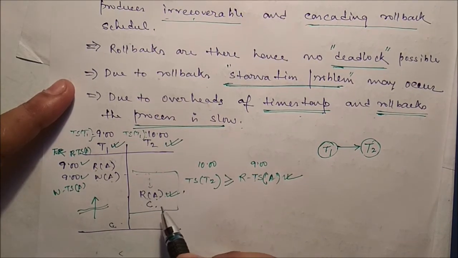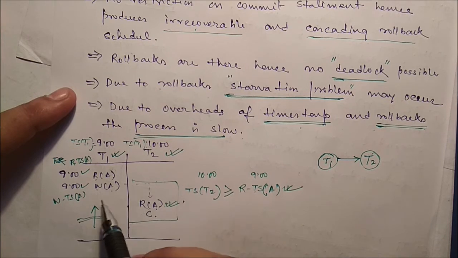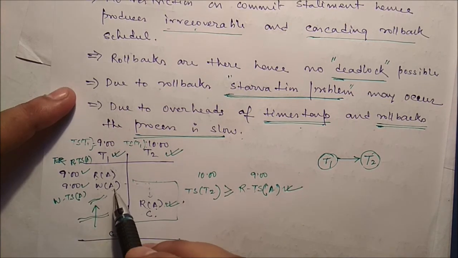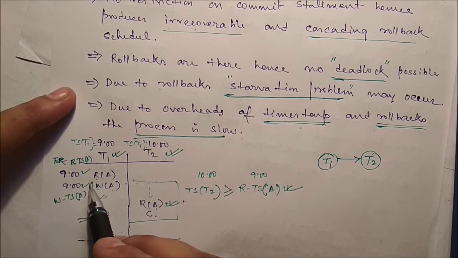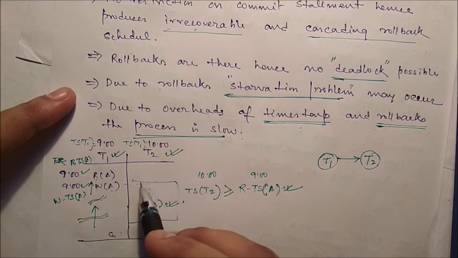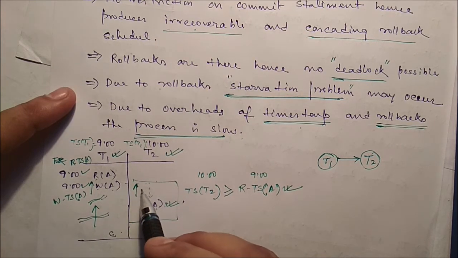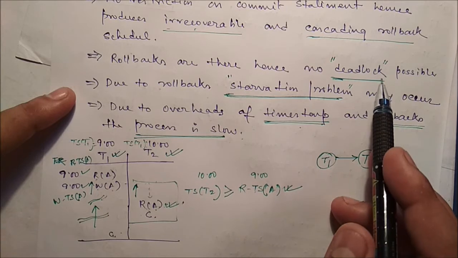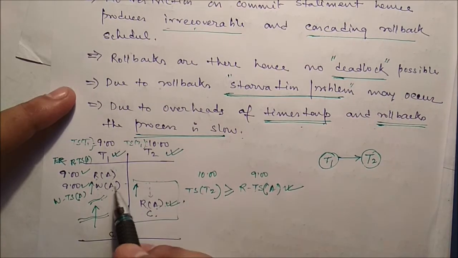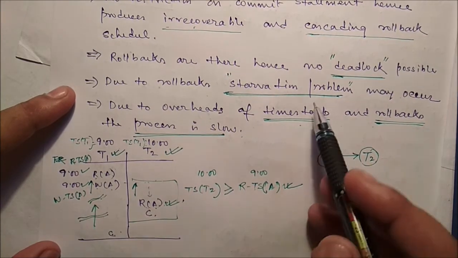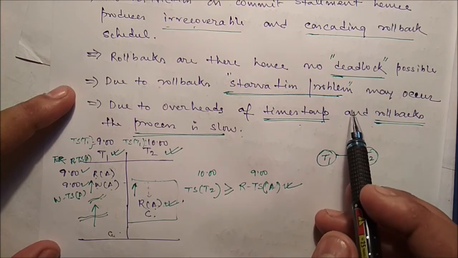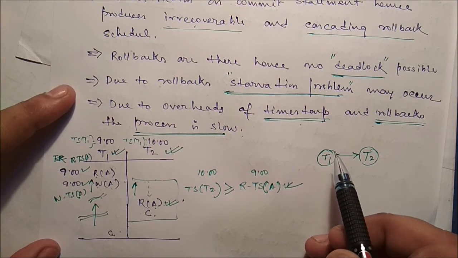And if the failure is somewhere here, this will roll back as well as this particular transaction will also roll back. So that means cascading rollback is also there. Here rollbacks are there, that means the starvation problem is also there. Are you getting this one?